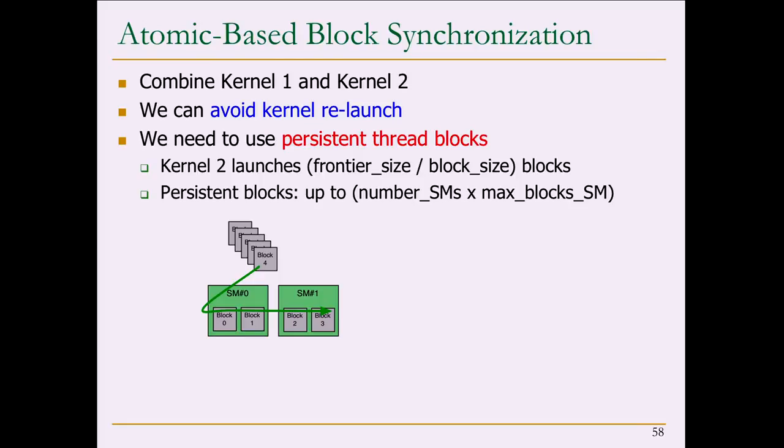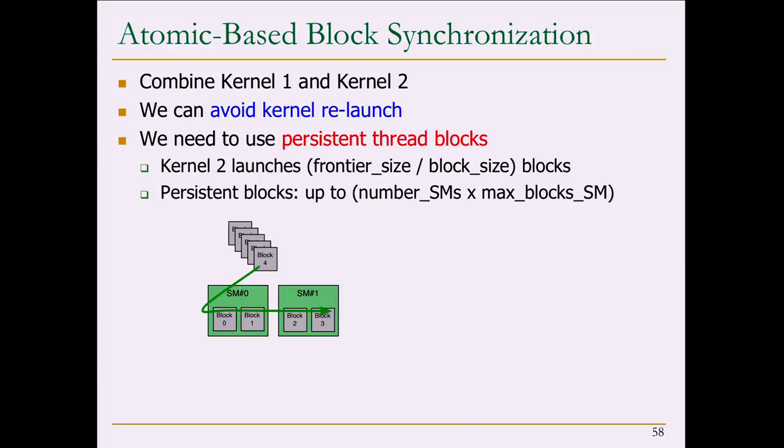So in this picture, you see the example. Let's assume that we have a very wimpy GPU with just 2 cores, 2 SMs, SM0 and SM1. You know already that depending on the occupancy, we might have more or fewer thread blocks in each of the SMs.